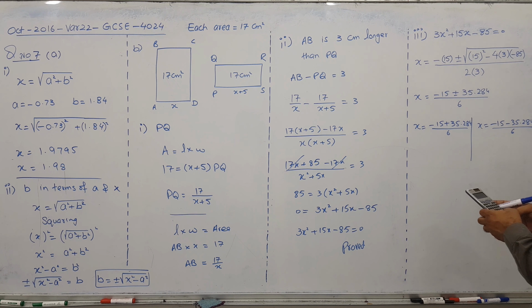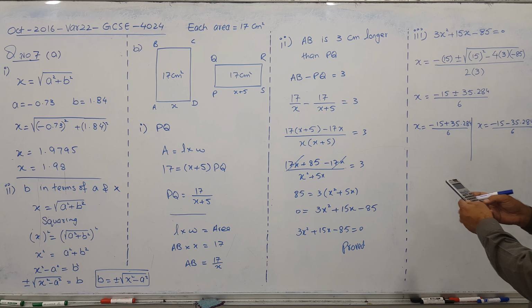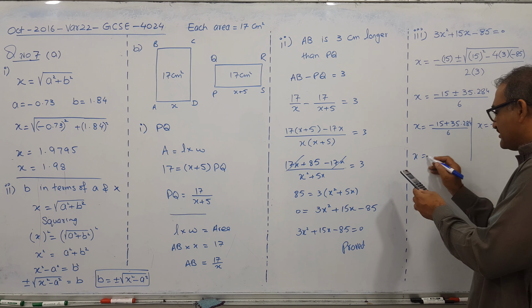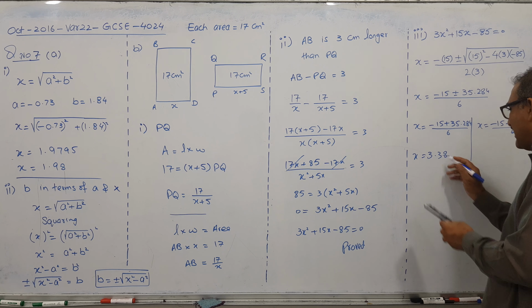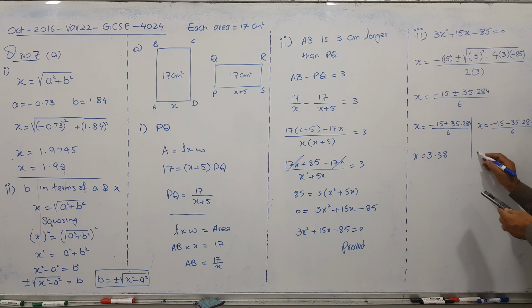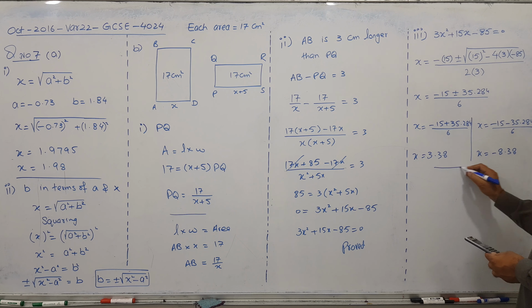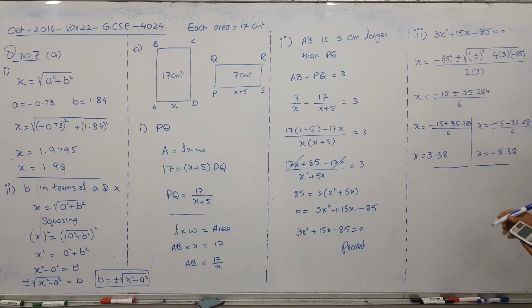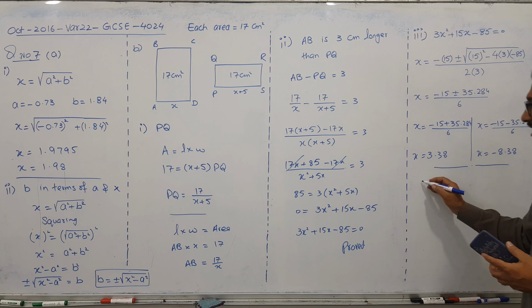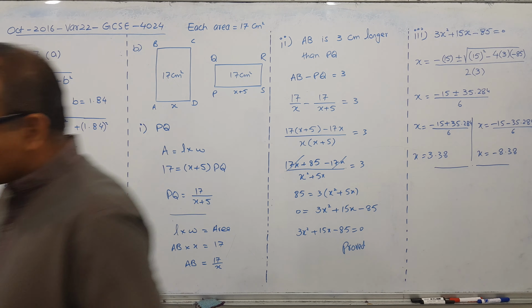Let me check what answer is coming. The first answer for x is 3.38. And the second answer is coming negative 8.38. So we got our answer. This is not possible because length cannot be negative. We can ignore it.